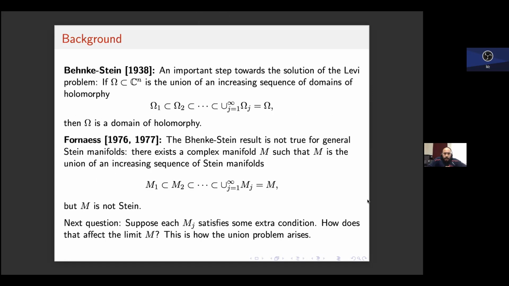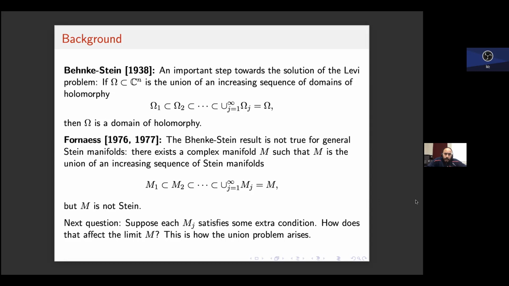So the origin of this union problem actually lies in the solution of the Levy problem, where an important step is a result by Wittgenstein that states the union of an increasing sequence of domains of holomorphy is a domain of holomorphy. Now, domains of holomorphy are precisely the Stein manifolds in Euclidean spaces.